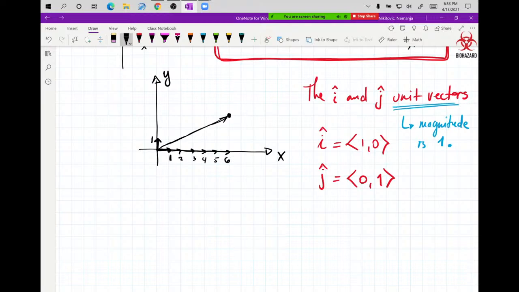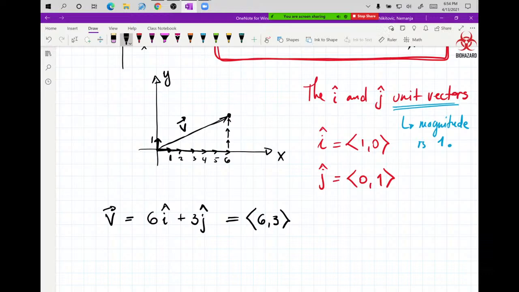So let's say this is a vector V. Vector V will have 6 i vectors and it will have 3 j vectors. This is a vector (6, 3).